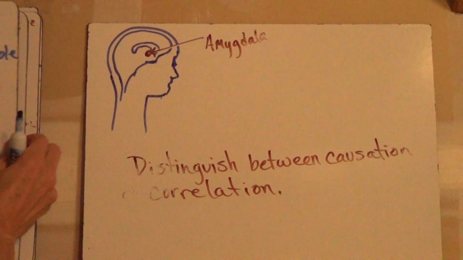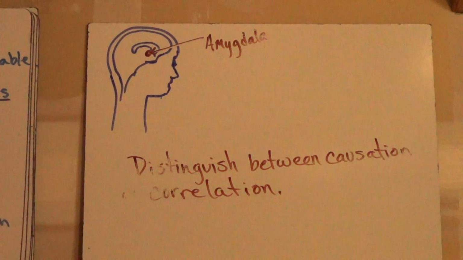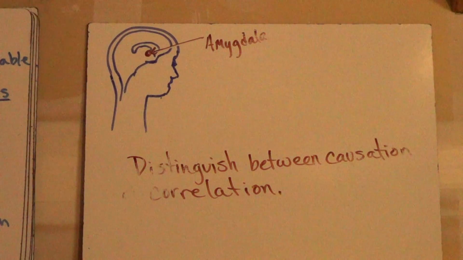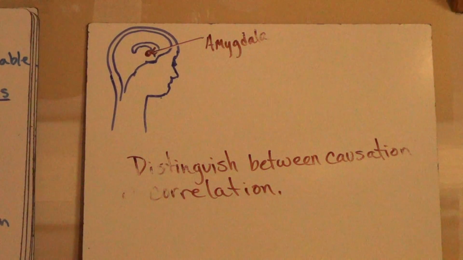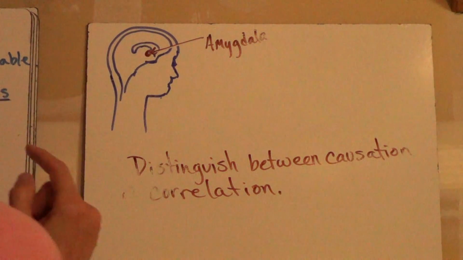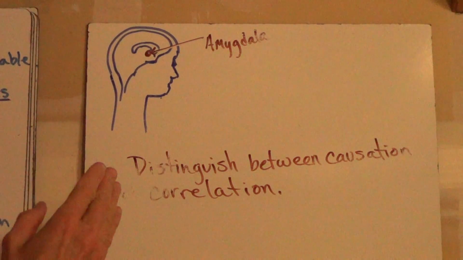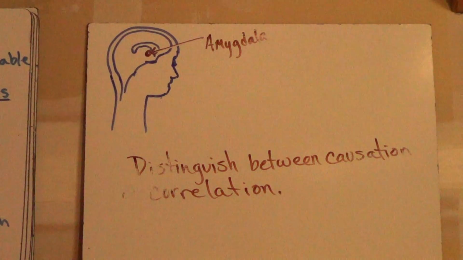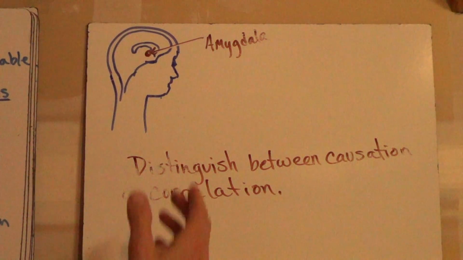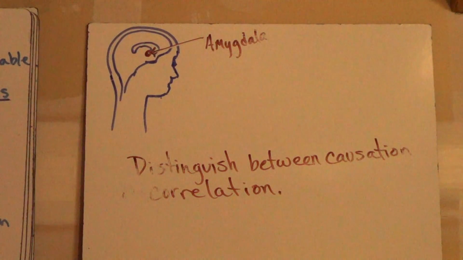Okay? Now, there was a study that scientists did on this little piece in your brain that's called an amygdala. Anyway, it's a tiny little nodule in your brain, and what they found is that people that had larger social circles, when they did the brain scan, they had a larger amygdala.